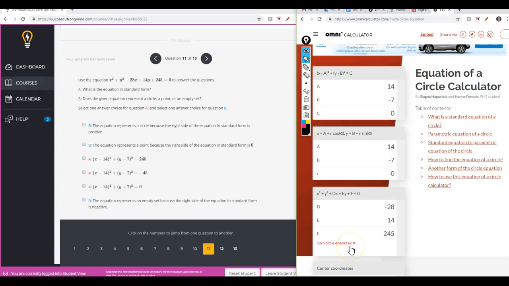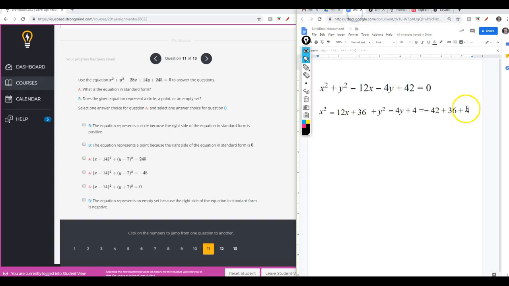Such a circle doesn't exist, is what they are stating. So that's giving me a clue that it represents an empty set. So let's go back to the drawing board and just step through this.